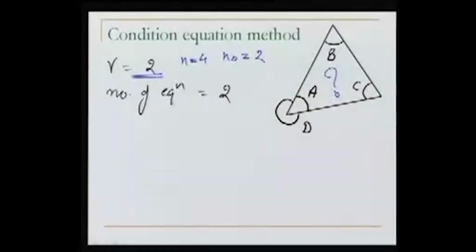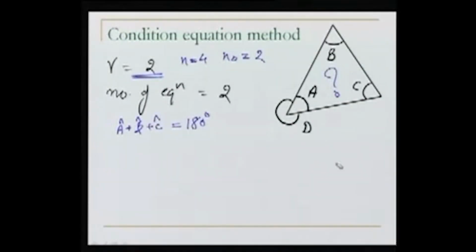Well, the very first condition we can write as A hat plus B hat plus C hat, this should be equal to 180. Well, A plus B plus C, this is not 180, because A, B and C, these are the observations, and these observations have got some error.